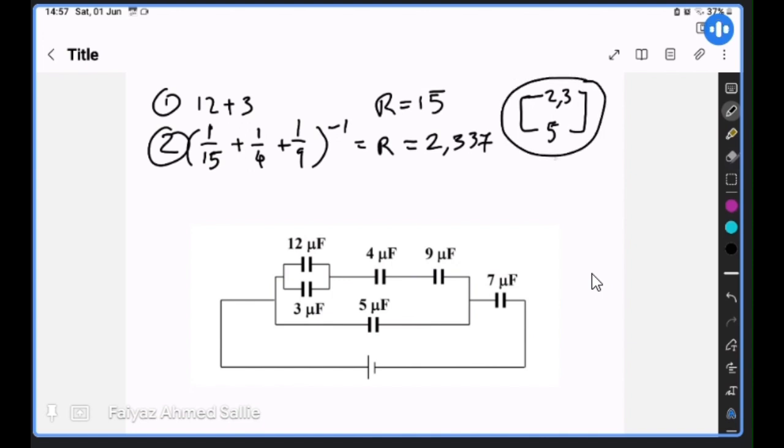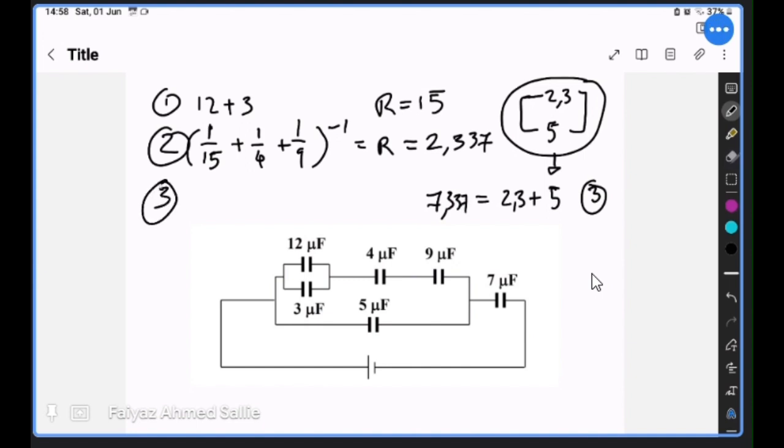So these are capacitors and basically we're just going to add them. So number 3 is 5 plus 2.3, which is equal to 7.337.